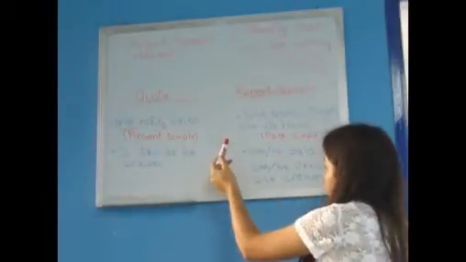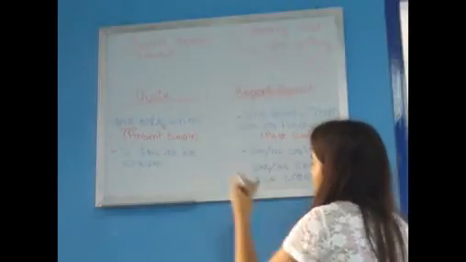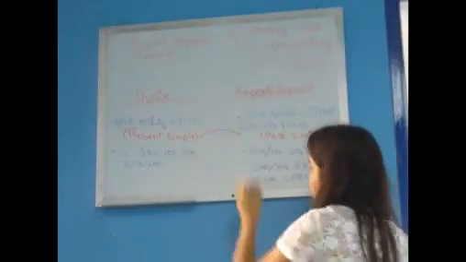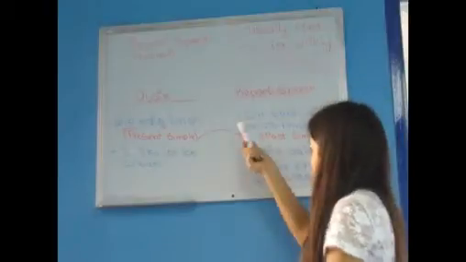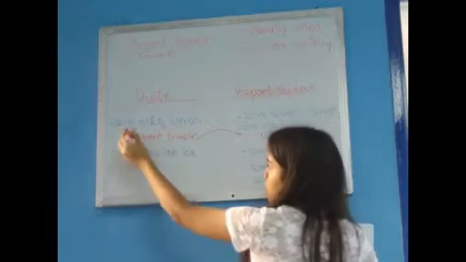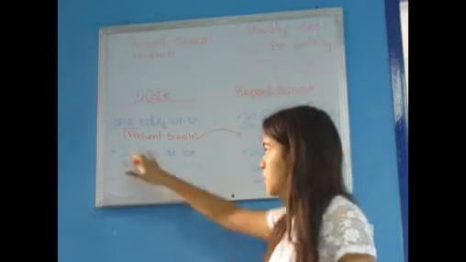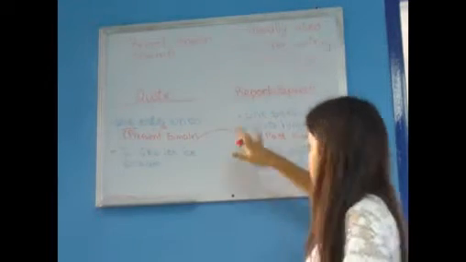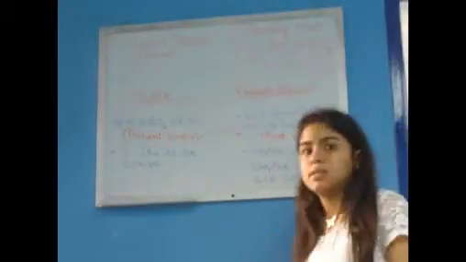We're going to change this to past simple. So you're going to put she, he, or it, depending. In this case we're talking about she, so we are going to respond with she. So we're going to put she said, he said, it said, okay?